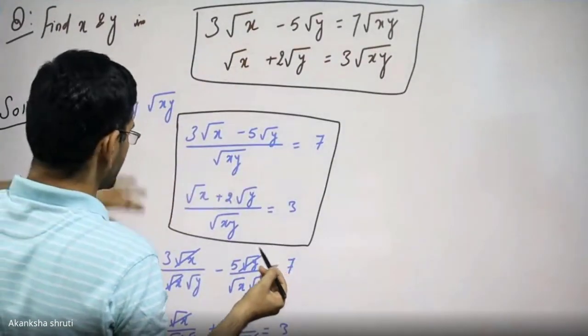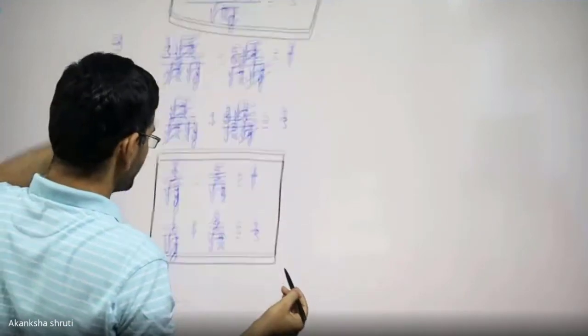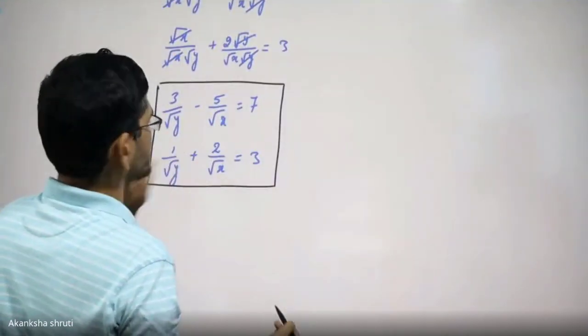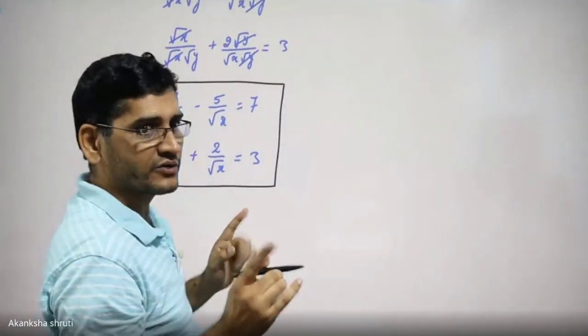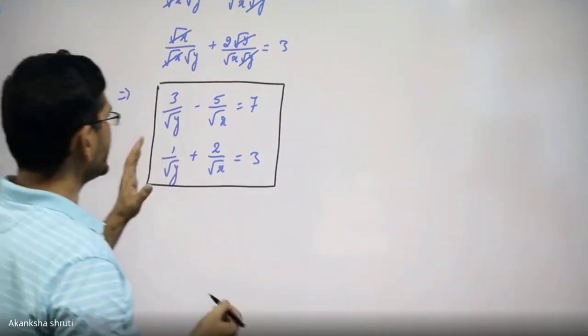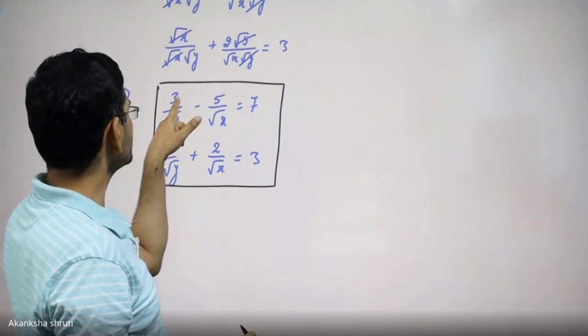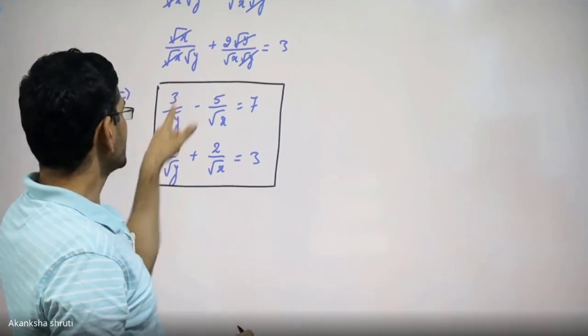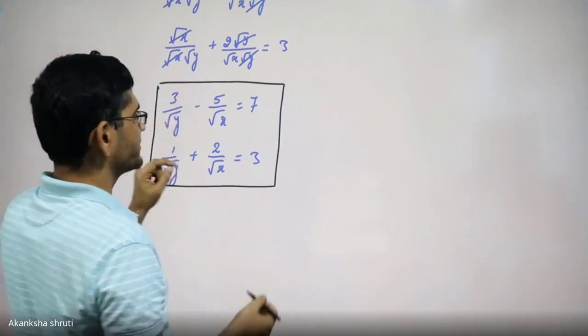Even if it is given in this form, convert it, ultimately you need to convert it into this form. So three kinds of questions are included here. For this, again we are observing 3 by root of y. It means what?